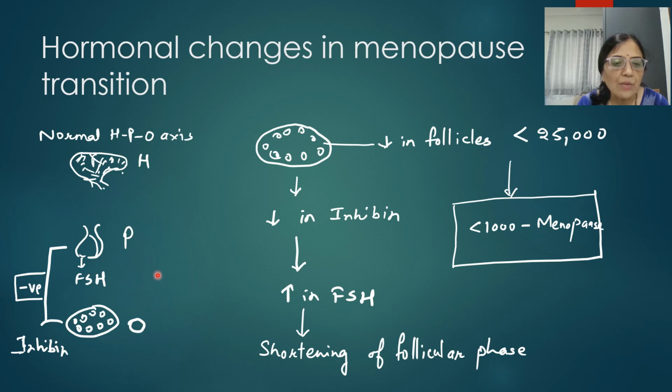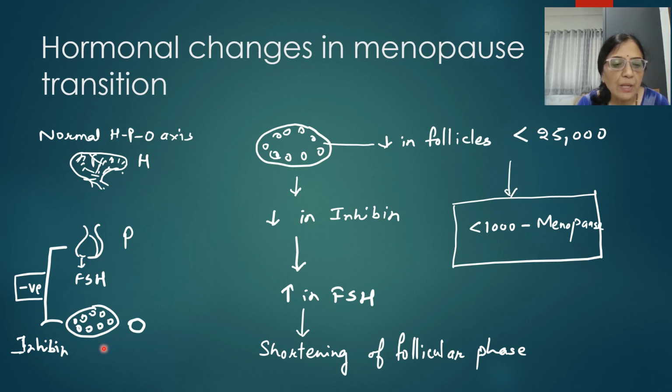This is the HPO axis. I want postgraduates to practice drawing all such small diagrams so that it will help while writing the theory paper. The hypothalamus secretes GnRH, the pituitary secretes FSH and LH, and the ovary secretes inhibin, estradiol, and also progesterone after ovulation.